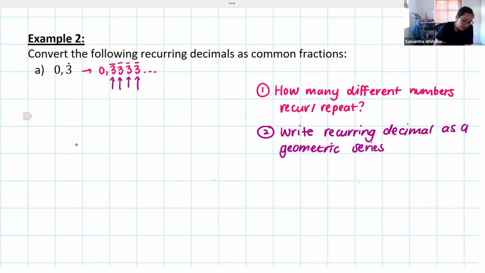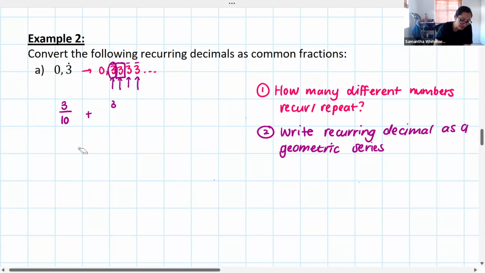To write this, if we just look at the first term, that is a tenth. It is one placeholder after our decimal. So this first term would be 3/10. If we now have a look at the second term, this is in the 100th placeholder. So this next term of the series would be 3/100.